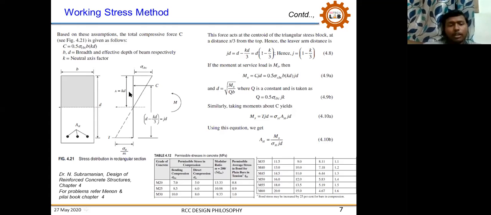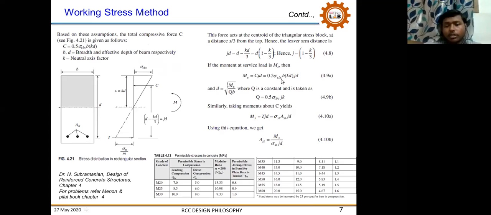Then what if I vary the concrete strength? What if I vary the yield, the bar strength, the reinforcement strength? Everything changes, right? But they considered the value of C to be constant. So thereon they started the design because they don't know the real problems. They have to start somewhere, so they started this one.